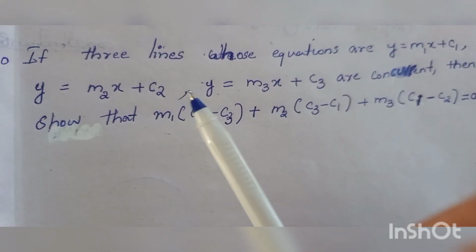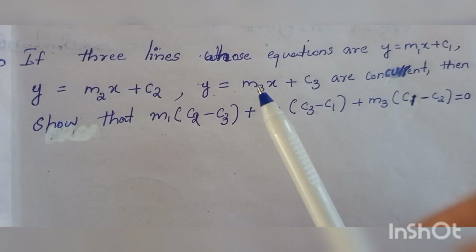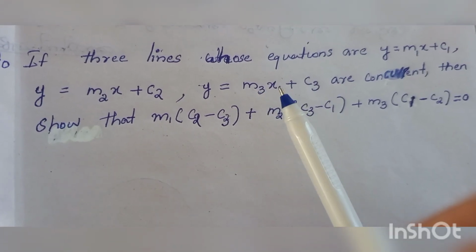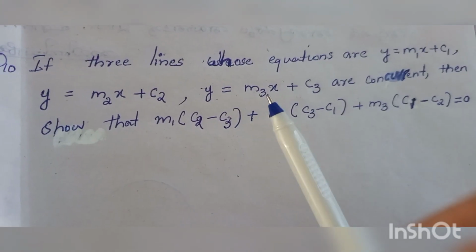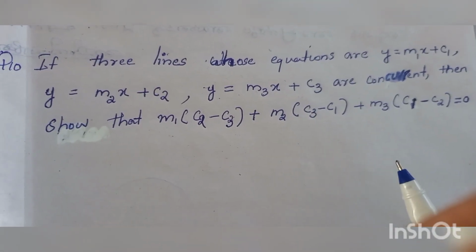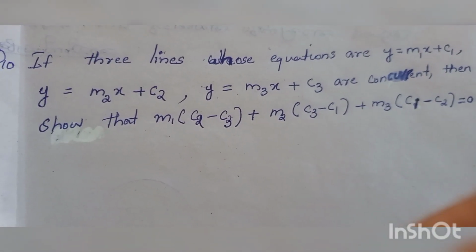So first of all, from the first and second equations we have to solve for x, then we have to solve for y. Okay, let's do the problem. These three lines are concurrent. Given three lines are concurrent, it means these three lines pass through one point.